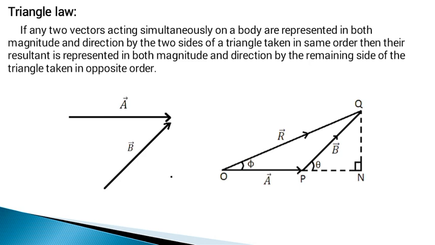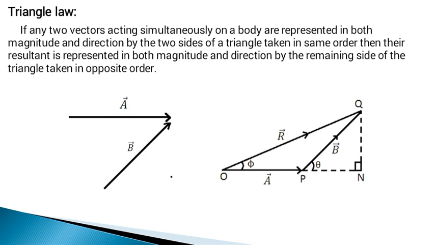Now if these two sides completely represent two vectors acting simultaneously at a point, then the resultant of the two vectors acting at the point is obtained by the remaining or third side of the triangle but taken in opposite order.